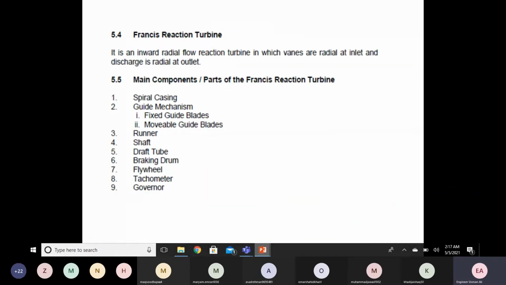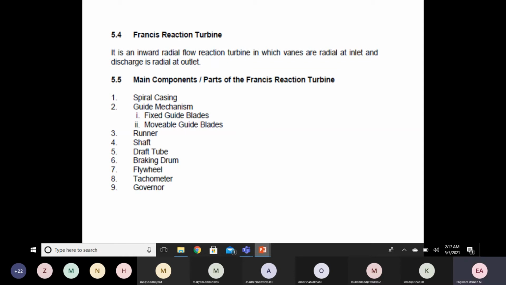Francis reaction turbine that we have to study in this, it is an inward radial flow reaction turbine in which vanes are radial at inlet and discharge is radial at outlet. So the vanes of the runner are radial at inlet, and water enters through this vane and it moves radially inward, and then it flows out of the outlet, that is at the center of the runner radially. That is called a Francis reaction turbine.